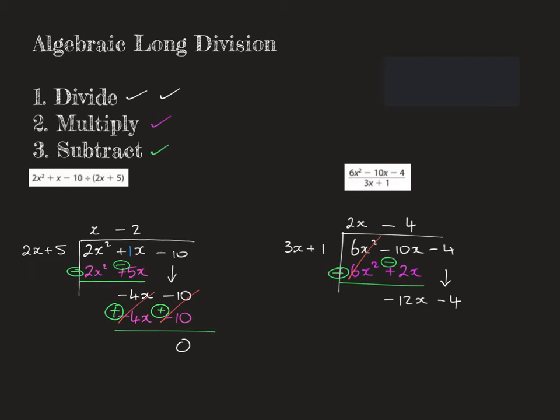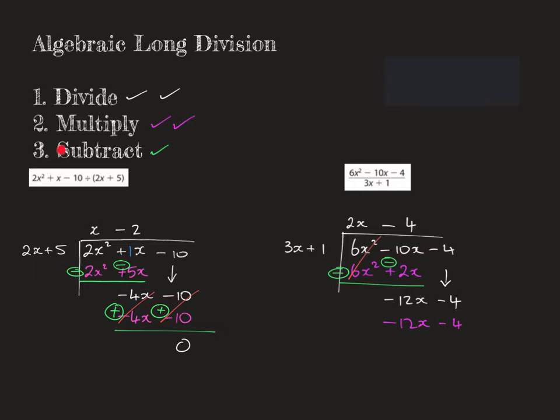So we'll do that now and we'll multiply that in. So 3x by minus 4 gives us minus 12x. Plus 1 by minus 4 gives us minus 4.